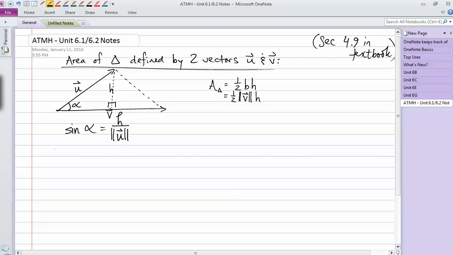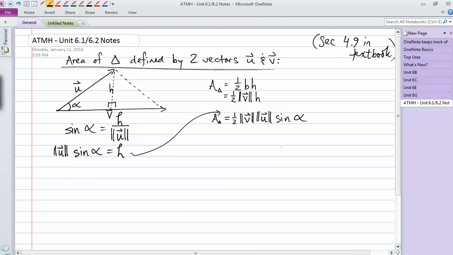And then if I bring the magnitude of u over, I have the magnitude of u times sine alpha equals h. And then I can plug that in over here and get that the area of the triangle is going to be 1/2 the magnitude of v times the height, which is the magnitude of u times the sine of the angle between them.